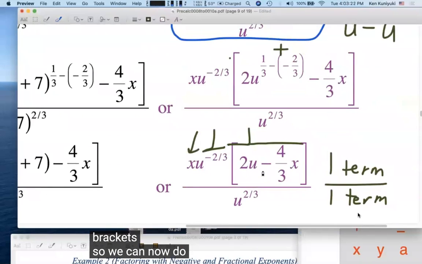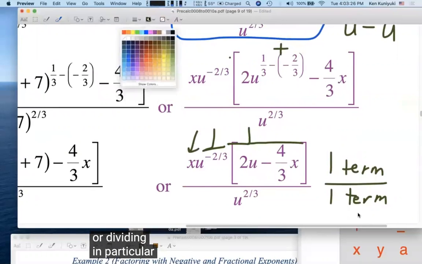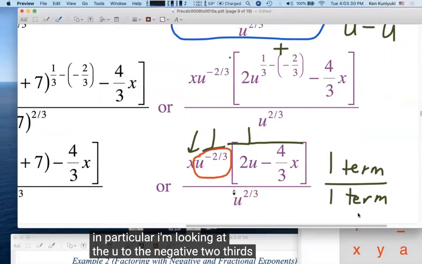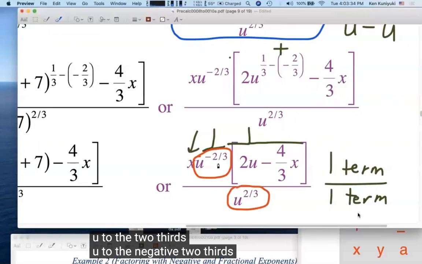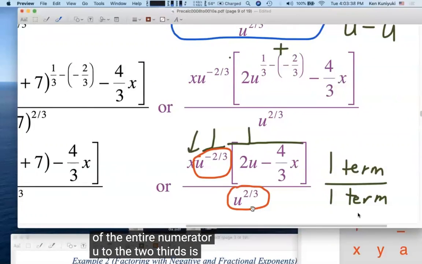So we can now do top, bottom, canceling, or dividing. In particular, I'm looking at the u to the negative 2/3 and the u to the 2/3. U to the negative 2/3 is a factor of the entire numerator. U to the 2/3 is a factor of the entire denominator. It is the entire denominator, so we can now divide.